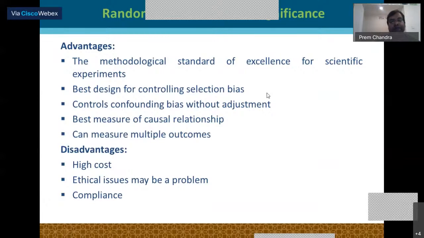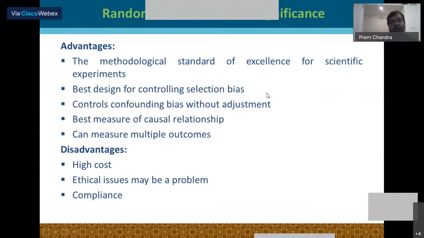Why do we need a sound RCT design? I would like to touch on a couple of advantages of having an RCT design. We all know this is the design considered to be the methodological standard of excellence for scientific experiments, probably one of the best designs for controlling selection bias. It also controls confounding bias without adjustment. In a minute, we'll get to know what we mean by confounding.